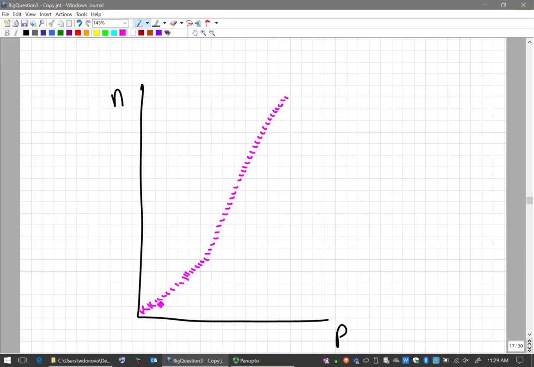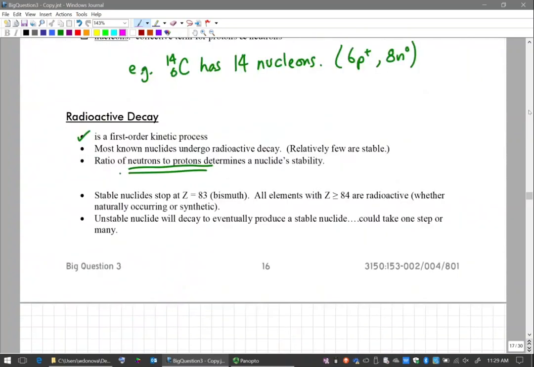So it's about 1-to-1 early. There's about 1 neutron for every proton early, and then it starts to peel upward, and it stops. There are no stable nuclides found above 83 protons, which would be bismuth. Bismuth has 83 protons.